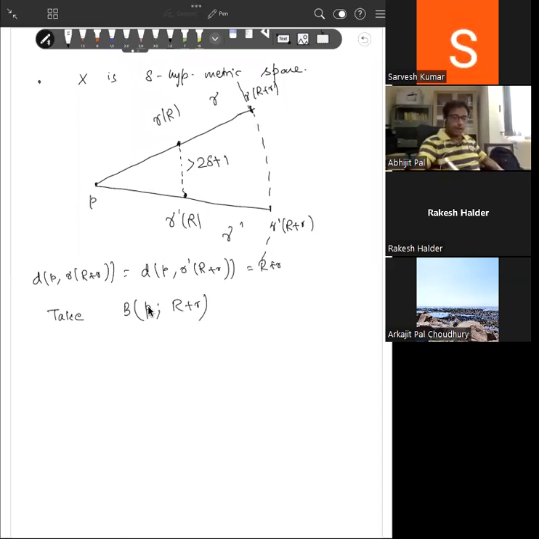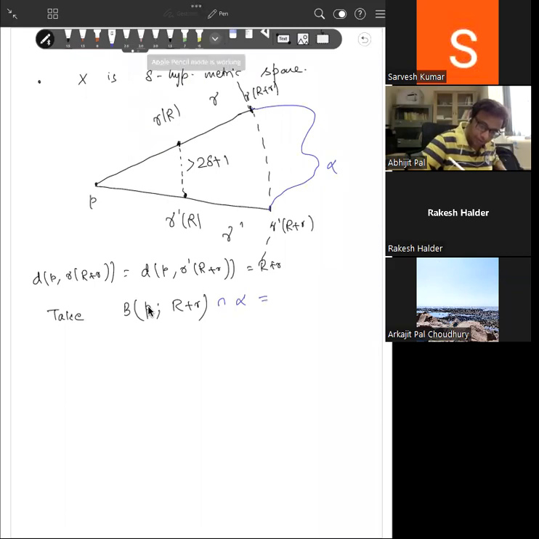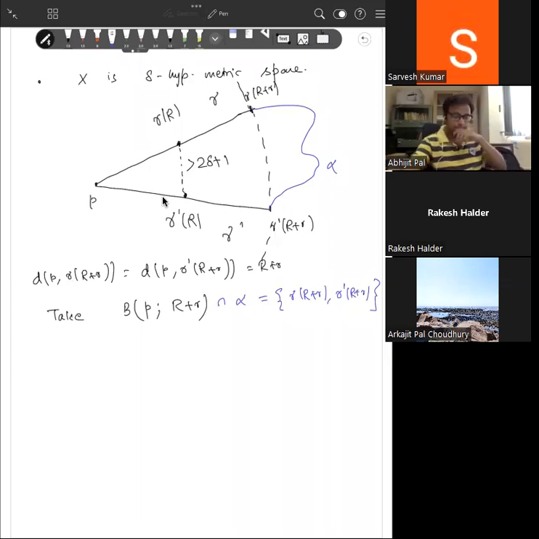Now take a path alpha which is lying outside this ball, so that the intersection of alpha with the ball is only these two points.